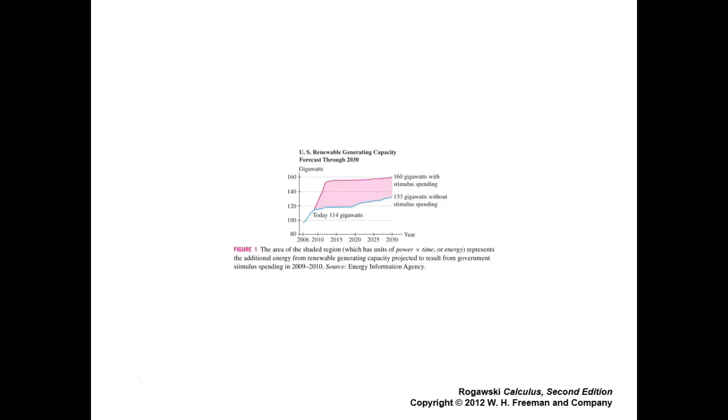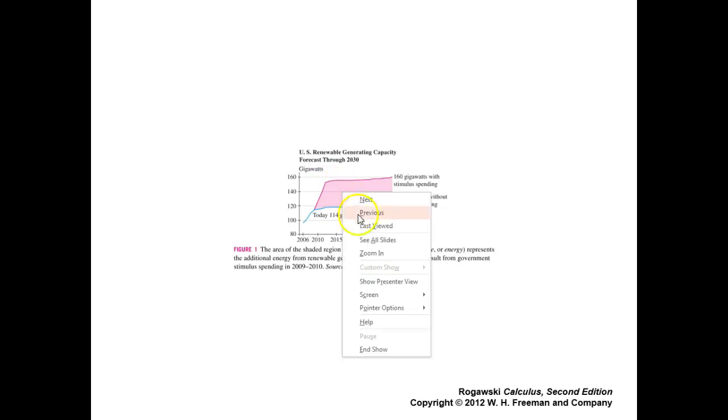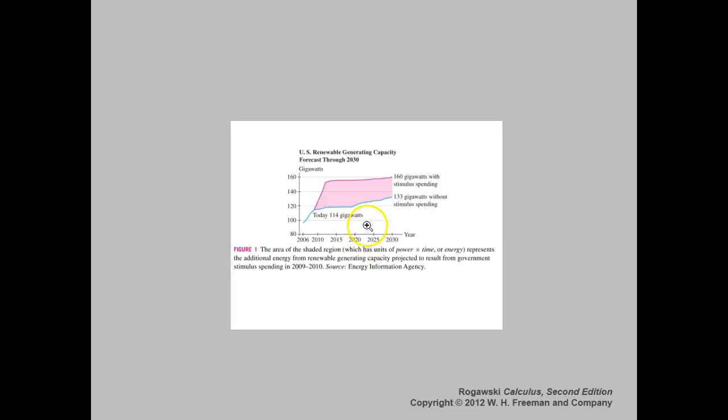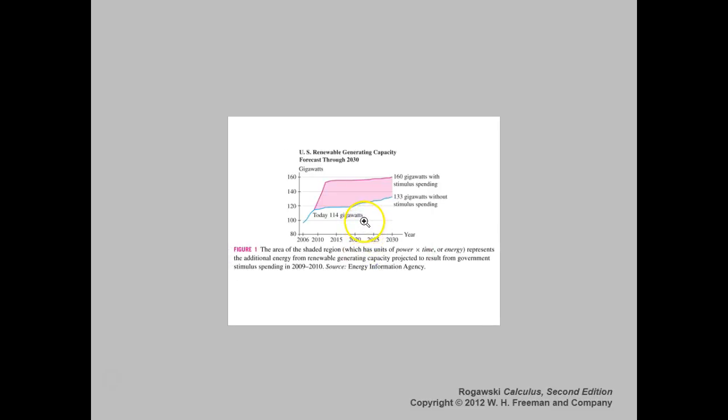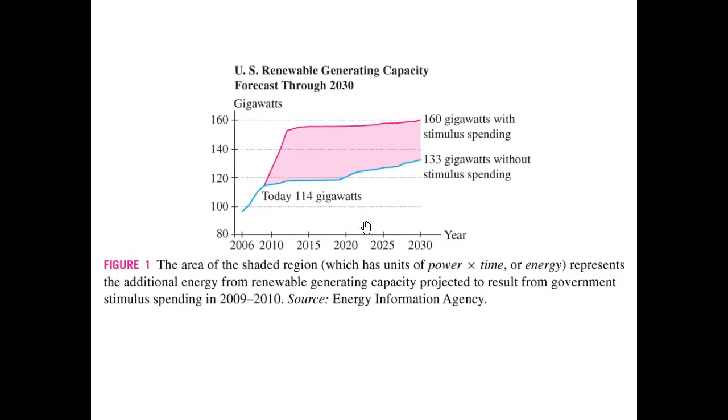That's what integration does. Not just will it give you the area under a curve, it'll give you the area between 2 curves. I don't know if you were aware back in 2009 and 10, y'all were probably infants then, but that was the big recession.